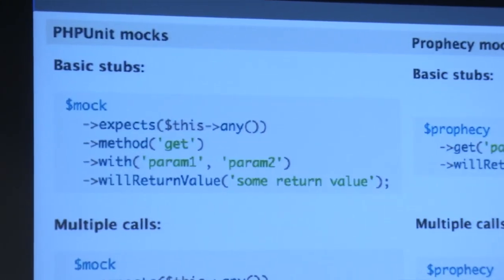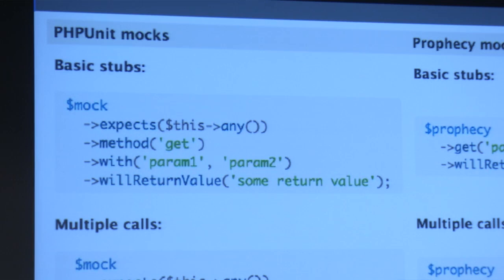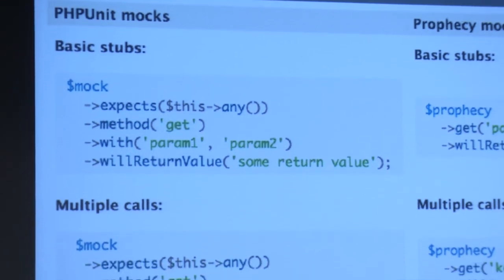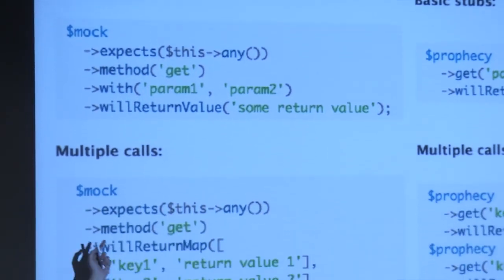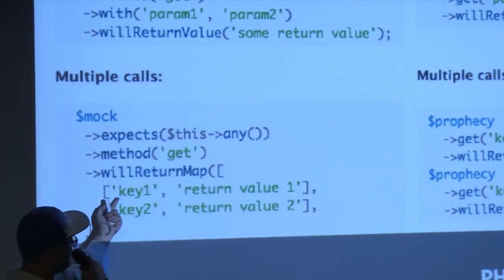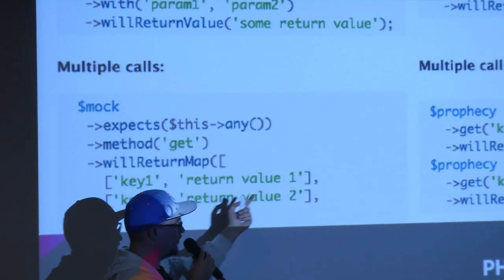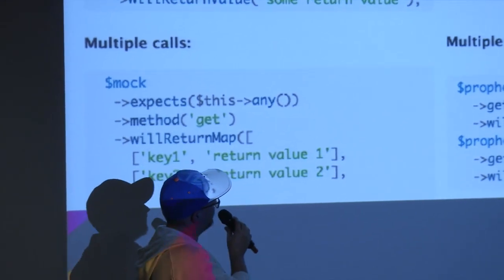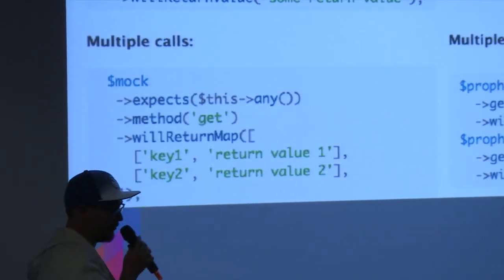And in the case that we are calling that method multiple times, we can say a map: anytime this method is called, if this is the argument it gets, it will return this value. But if this is the argument it gets, it will return this other value. So this is with PHPUnit.